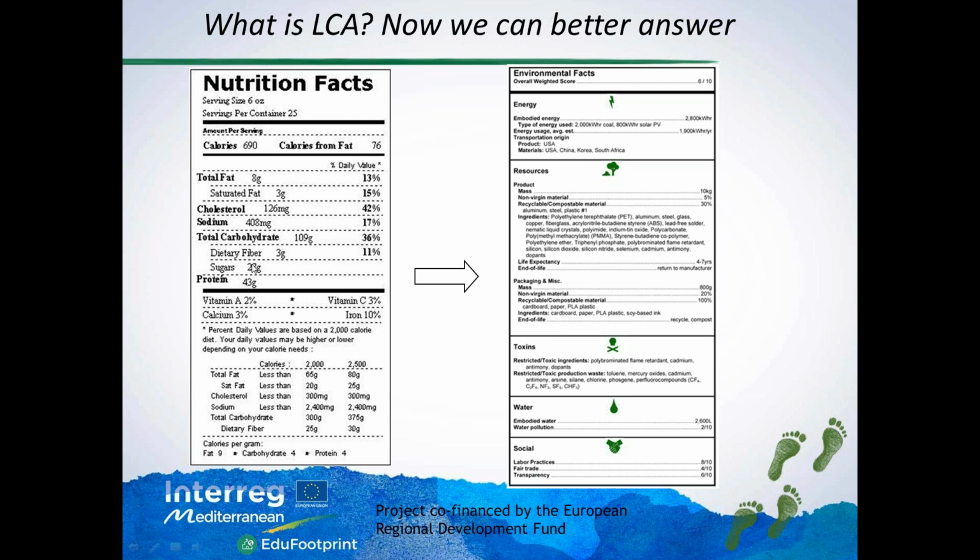besides giving some information about the nutrition facts of that kind of product, you can give even environmental information, which is energy used to produce this kind of food, and all the resources, the raw materials used, in a way of non-virgin material, recycled, compostable material, packaging, so materials to make the package, and then all the toxic substances, water you need, and social indicators, which means, for example, labor practices, fair trade, transparency.